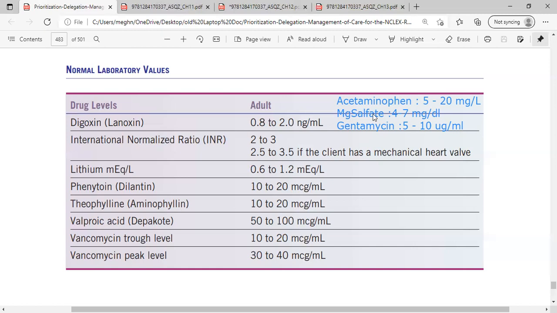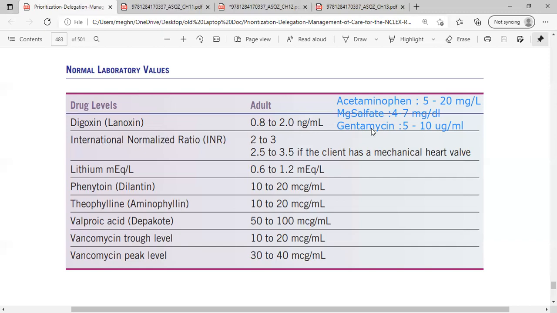So areflexia is a sign of magnesium toxicity. If we see this, we stop the infusion. We assess the reflexes.